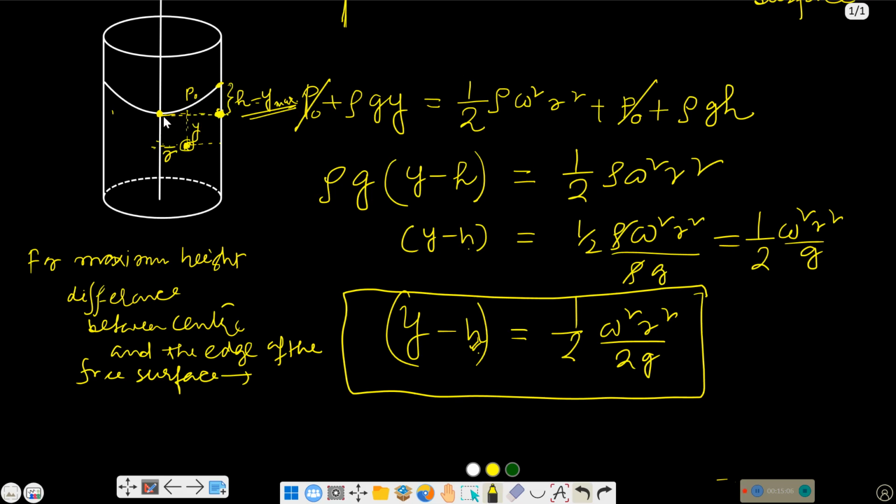So for this, the height of the element from the free surface is 0. That means here we can say h equal to 0. If we take h equal to 0, then we get the maximum height of the element from the free surface, that is y max, equal to half omega square r square by 2g.